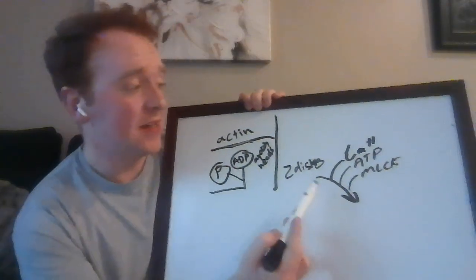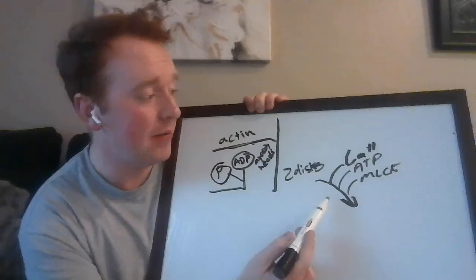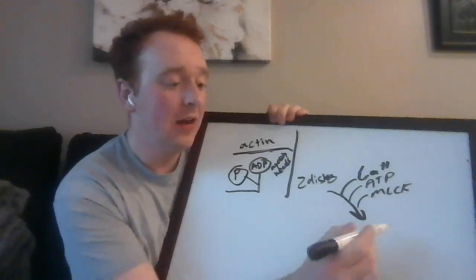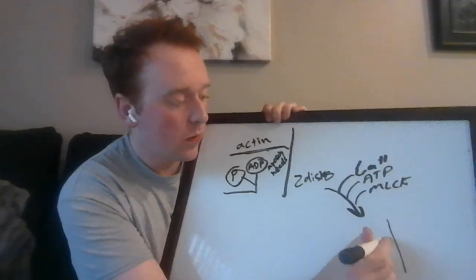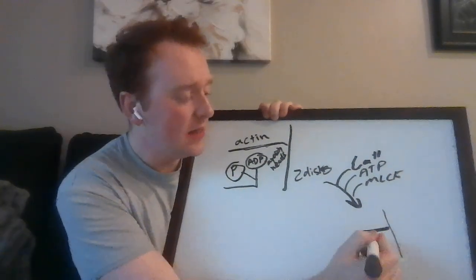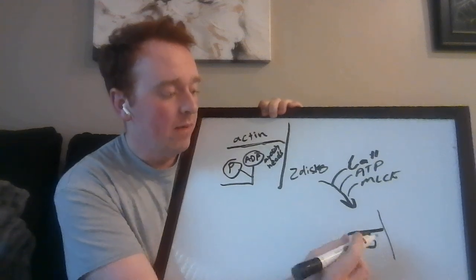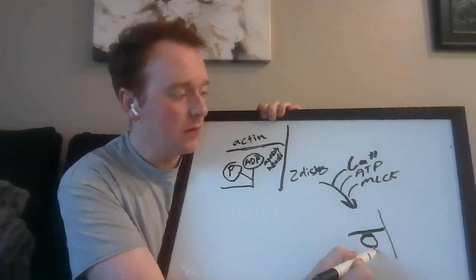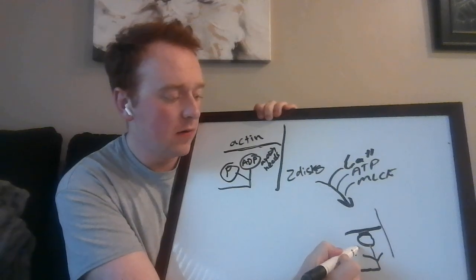When it goes through this process, through the first step, calcium, ATP, and MLCK are added, which binds the ADP myosin head to the actin, also adding a phosphate. So there's two phosphates now.